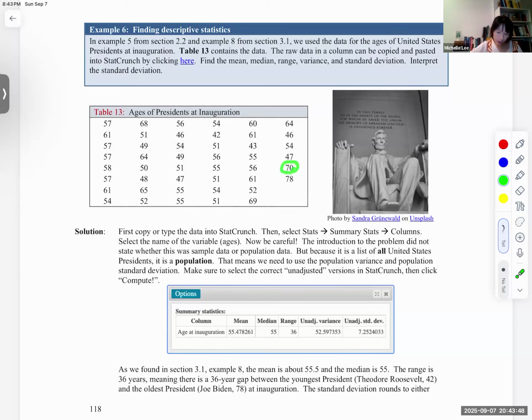So 70, 78. Yeah, two numbers. So 70 is not included there, right? Okay. Then how about between 40 and 70? Hold on one second. Let me bring up the histogram. It's easy to look at, right?